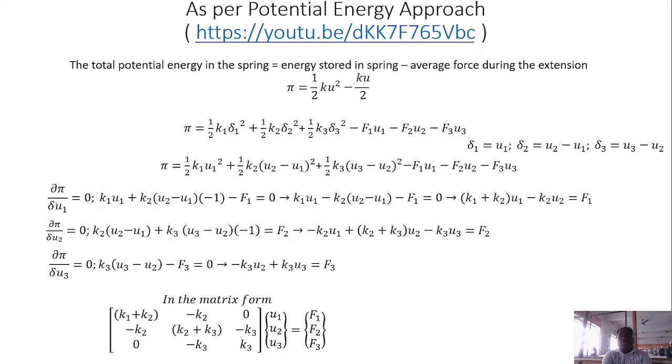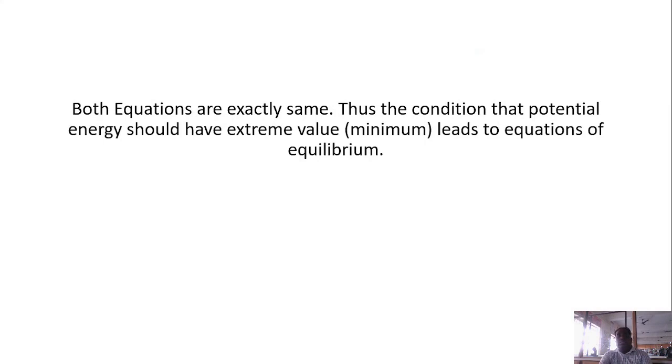Those equations are similar, so both equations are exactly the same. Thus the condition that potential energy should have an extreme value leads to equations of equilibrium. So the two matrix forms are the same from the potential energy approach and the direct approach.